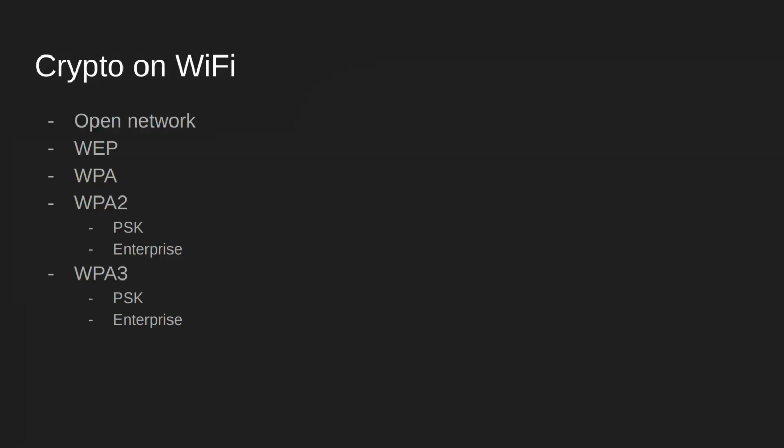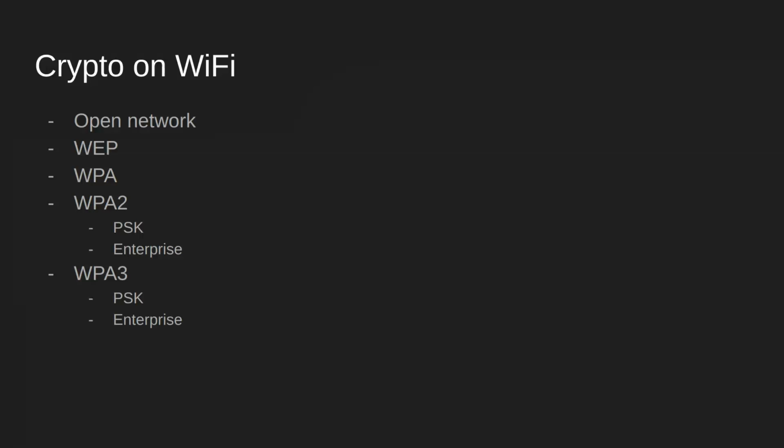UT, for example, uses both. The UT IoT network uses the PSK mode, but the typical UT Wi-Fi network that most people use, where you have to enter a username and password, is using WPA2 Enterprise. WPA3 is so new that there's very little support for it. But WPA3 also has a mode where you can go passwordless, if I remember correctly, but it still uses encryption. So in this talk, I'm going to be talking about WPA2, both the PSK and Enterprise mode.